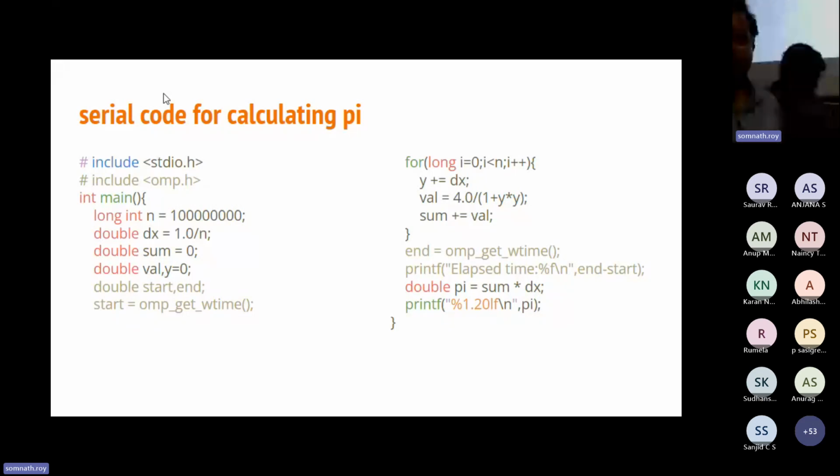So the for loop will go from 0 to n, and y will be incremented by dx, and the value will be 4 divided by 1 plus y into y, and then finally sum will be plus equal to val. So all the values will be summed, and then you have to multiply the sum with dx. That will be the value of pi.